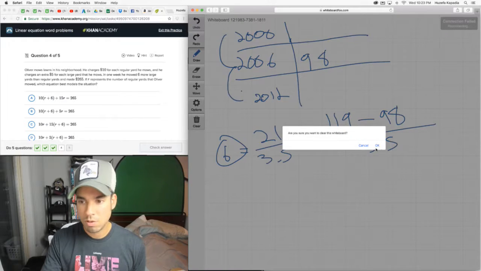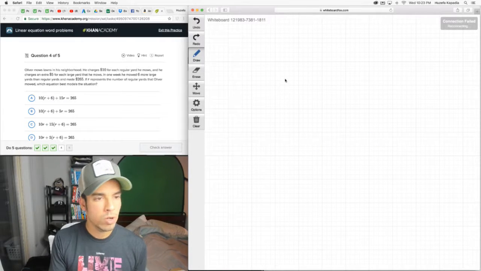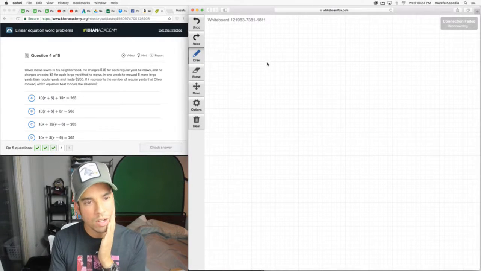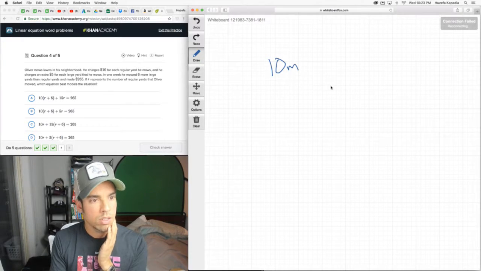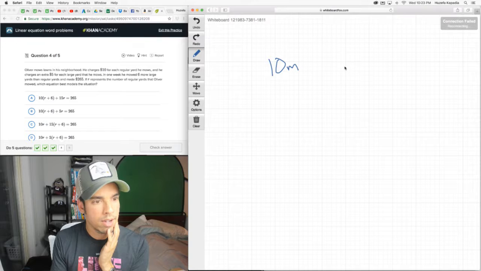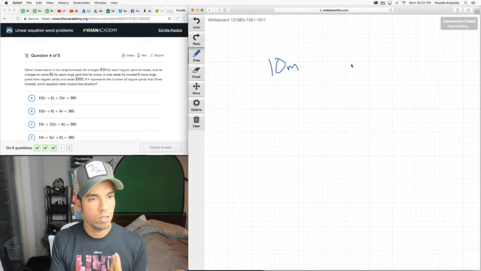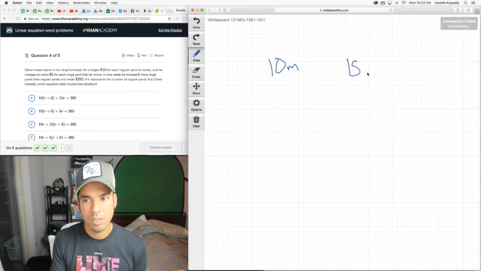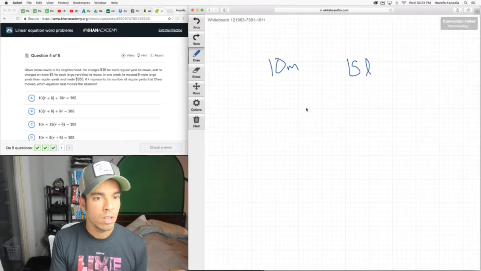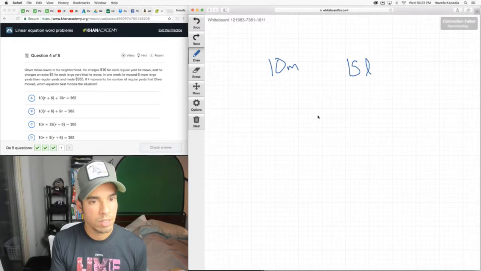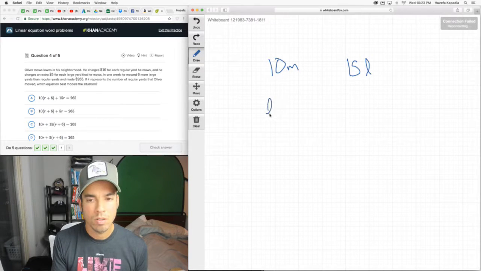Question number 4. Oliver mows lawns in his neighborhood. He charges $10 for each regular lawn he mows, and charges an extra 5 for each large yard he mows. So 15 times L, I guess. In 1 week, he mowed 6 more large yards than he did regular yards.